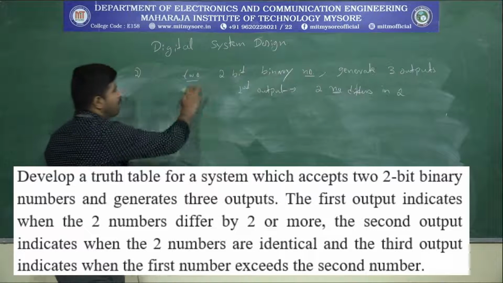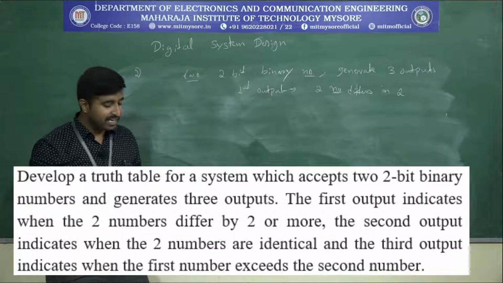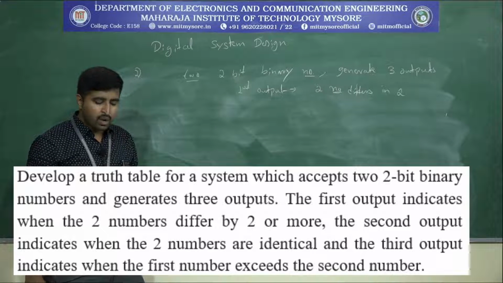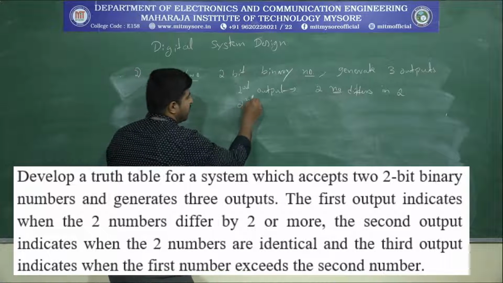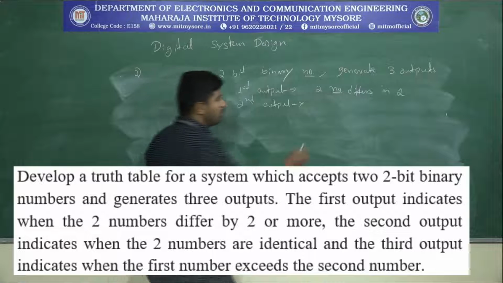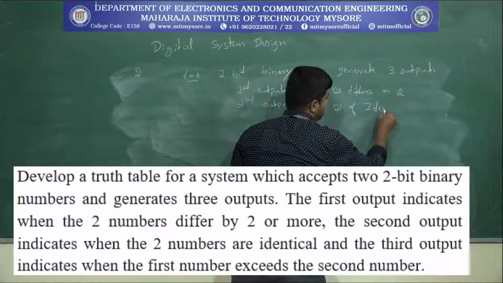So if the input numbers differ by 2, then the first output will be generated. Next, the second output indicates when the 2 numbers are identical. So the second output will be generated when the 2 numbers are identical.